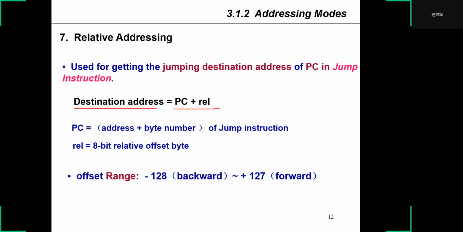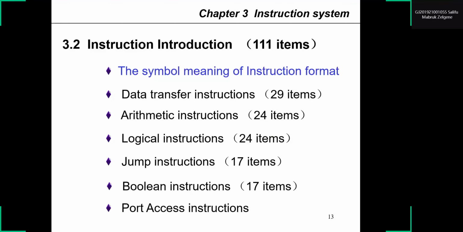PC is equal to the address plus the byte number of the jump instruction. The relative offset is an 8-bit relative offset. Next.